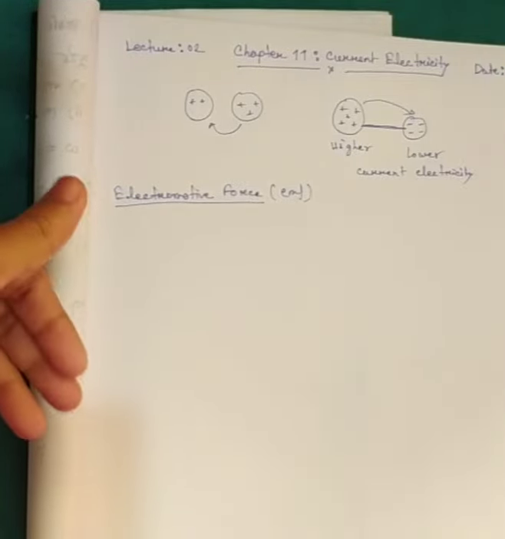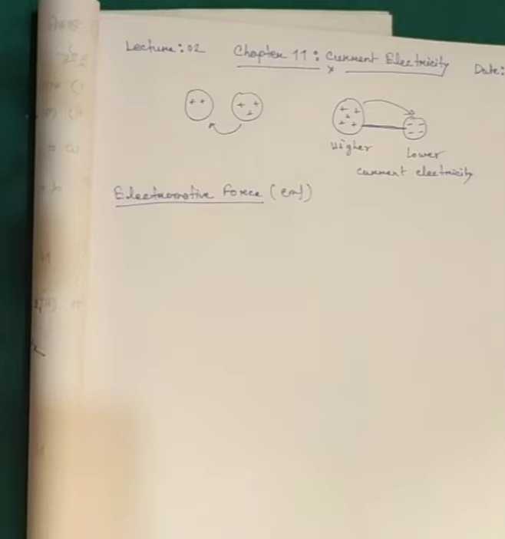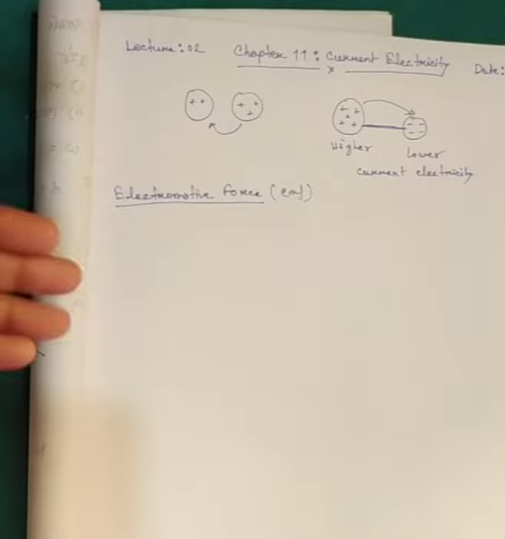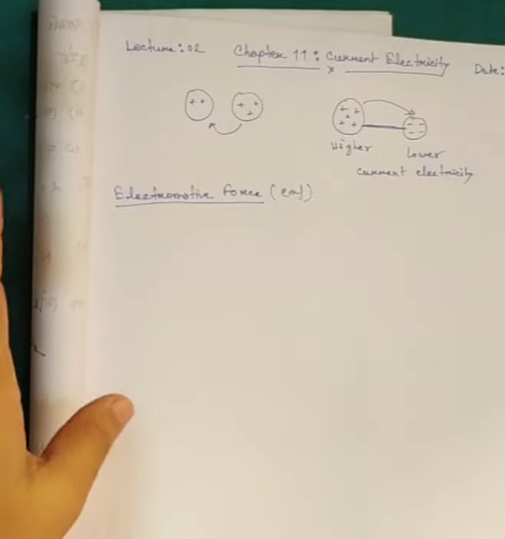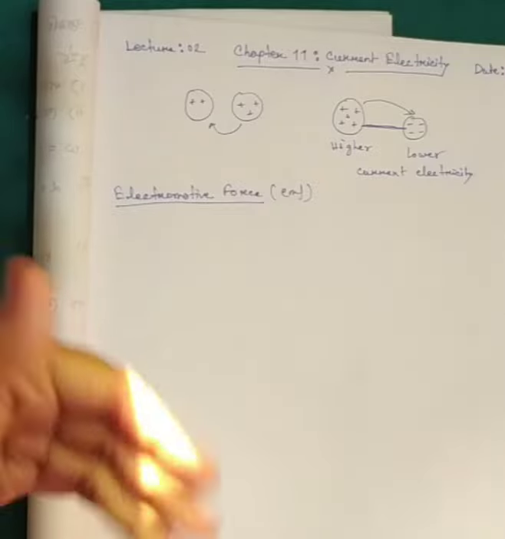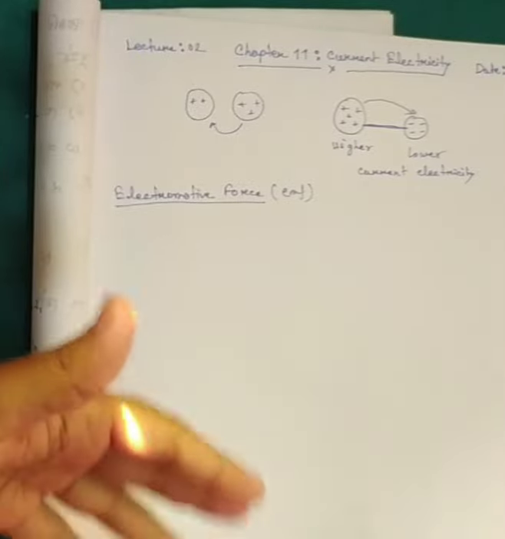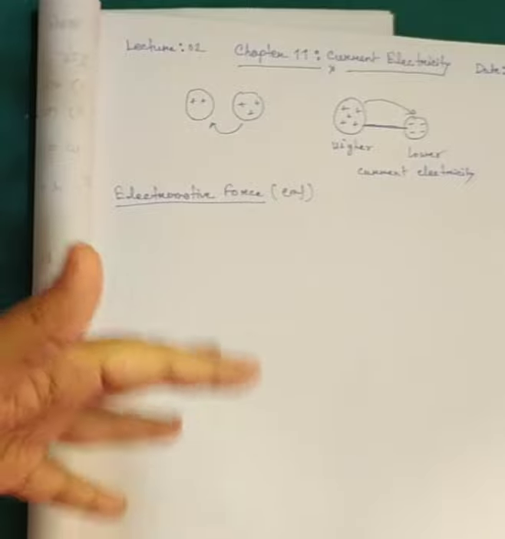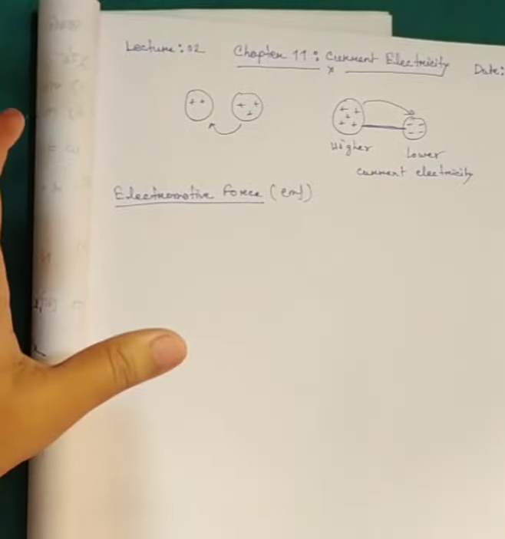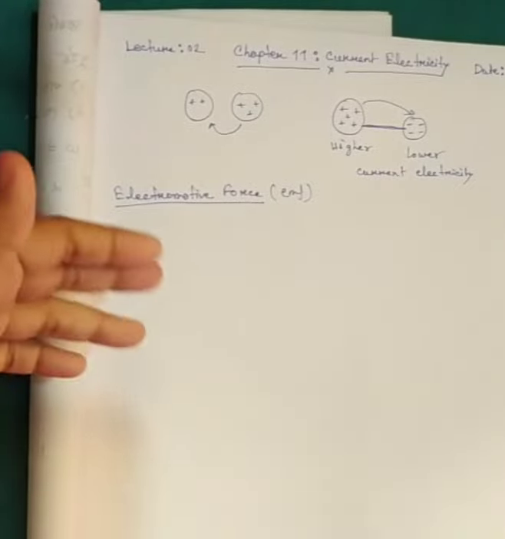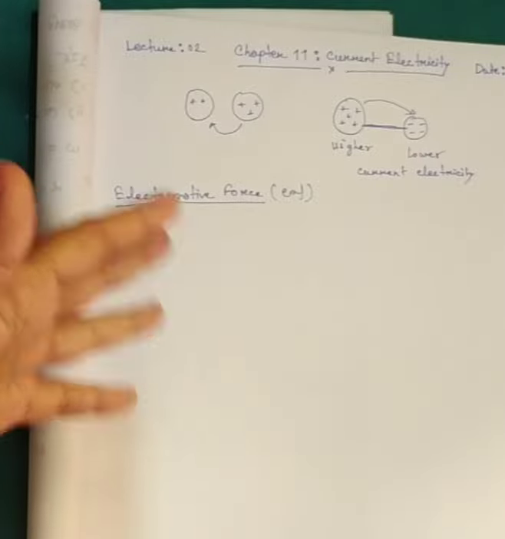So for maintaining a continuous flow of electricity, we have to ensure the difference of potential between two objects, and for doing that some external energy has to be supplied to maintain the potential difference. That is done with a battery source or generator.